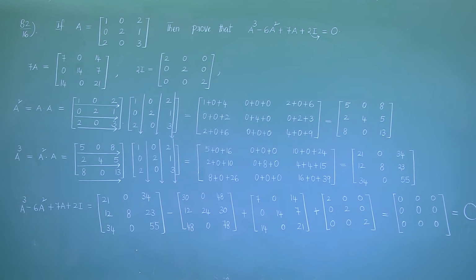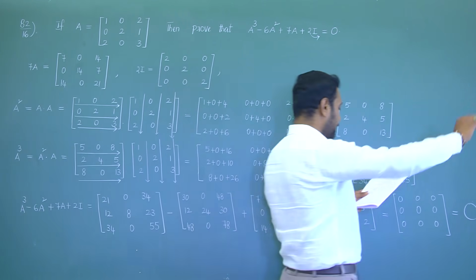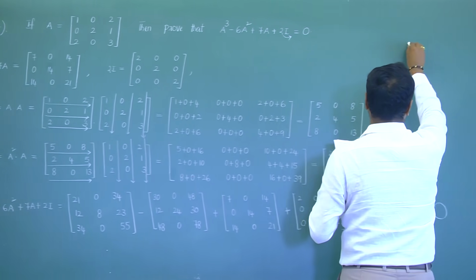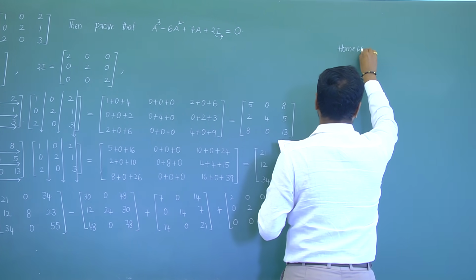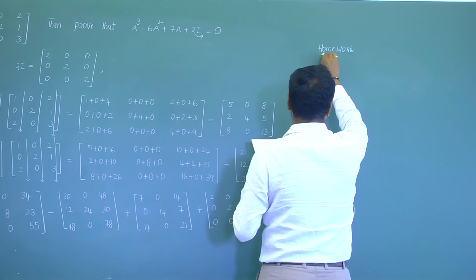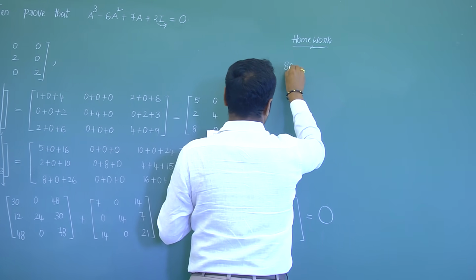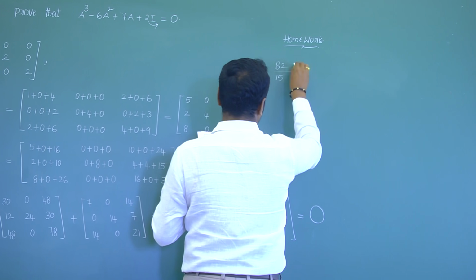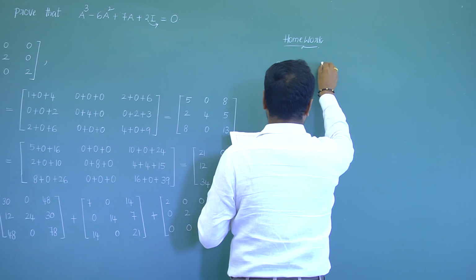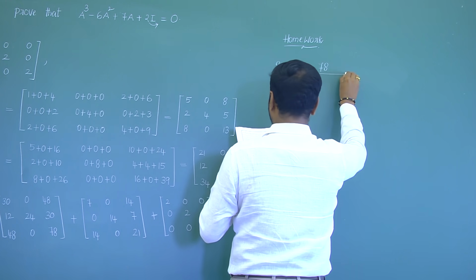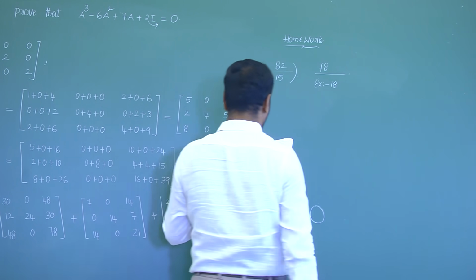So that is the problem solution. Same model problem, two problems I am going to give you as homework. Page number 82, 15th question you need to do, and page number 78, example 18 also you need to do.